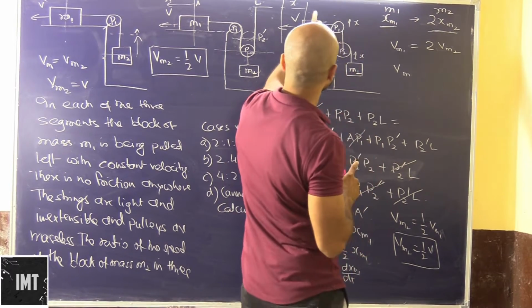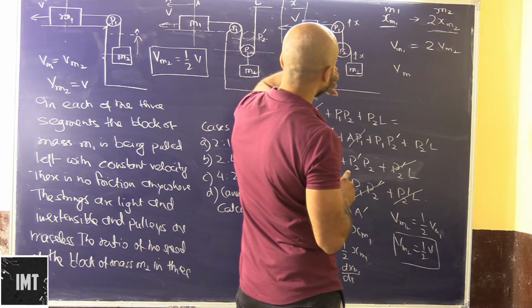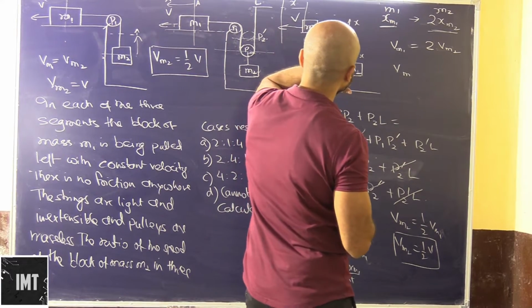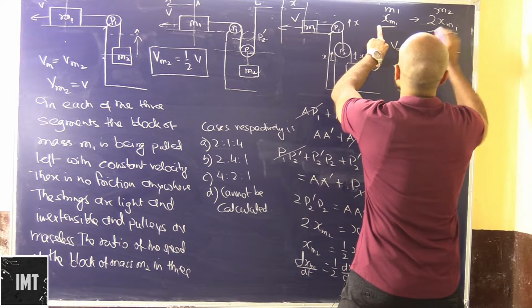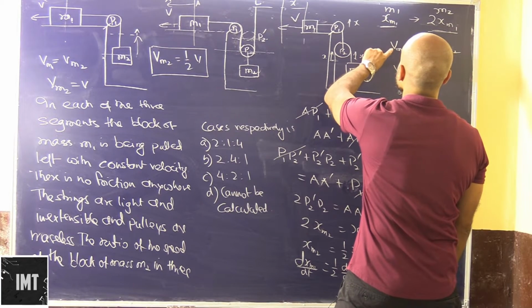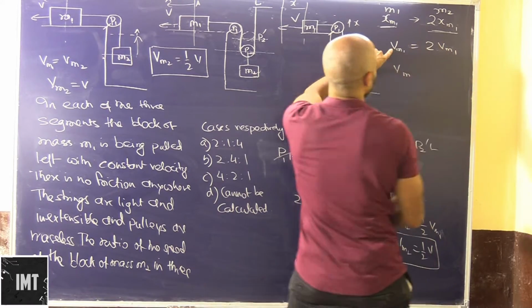If this gets displaced by x, this gets displaced by 2x. If this gets displaced by x, this gets displaced by 2x. So if this velocity is v, then this velocity will be 2v.